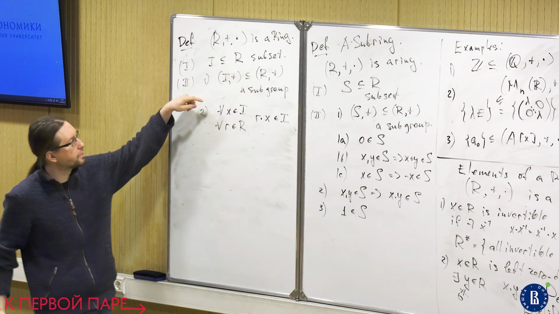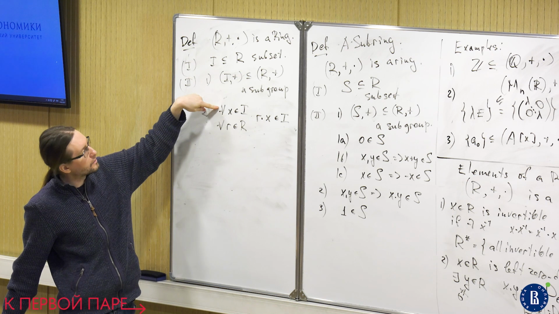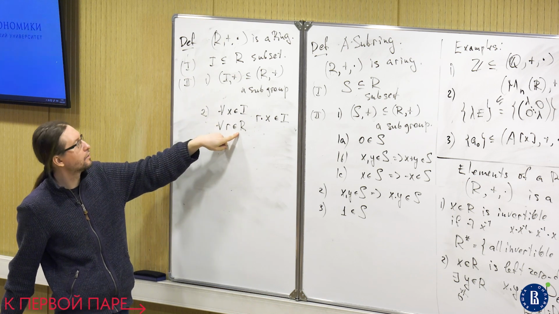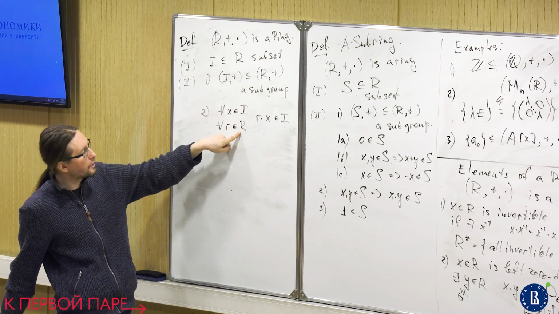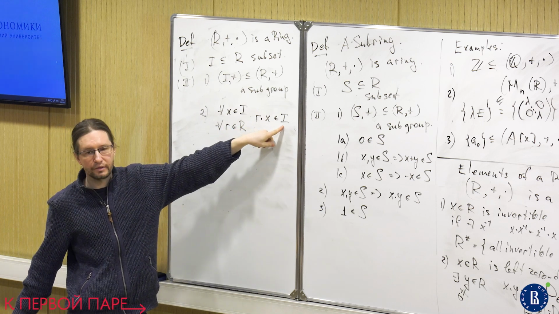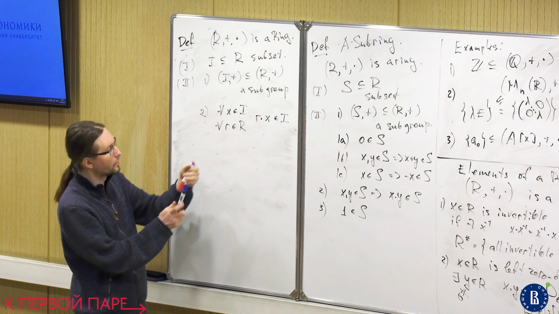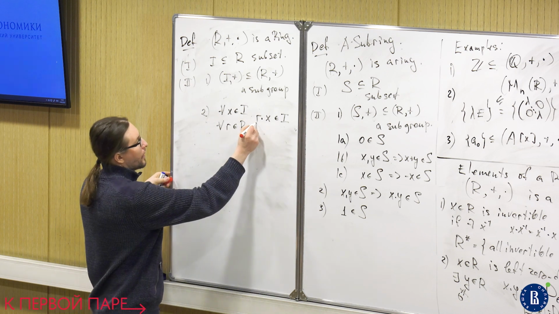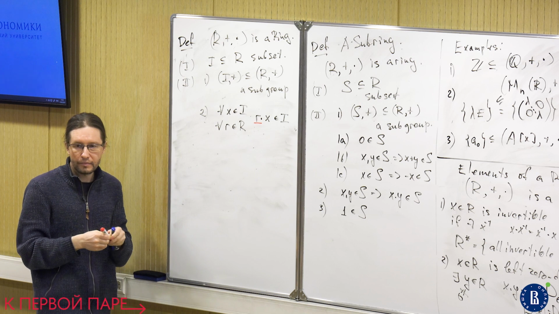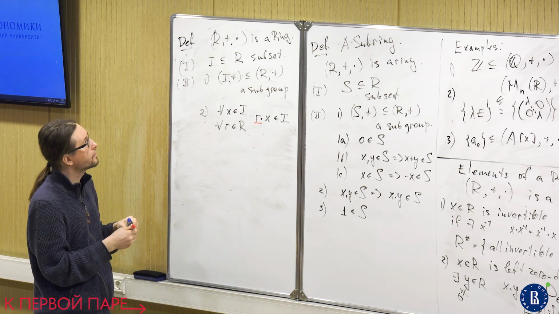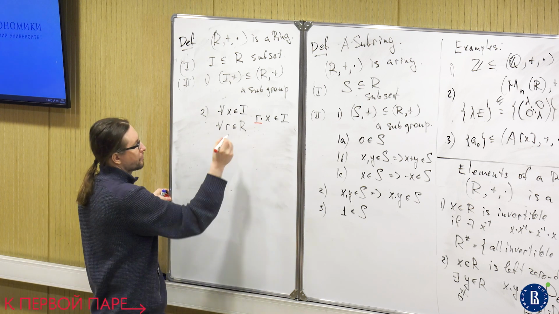So you can multiply anything from the subset I with anything from the ring itself, and the result must be in this subset I. In this case, you multiply x on the left, and I is called a left ideal.